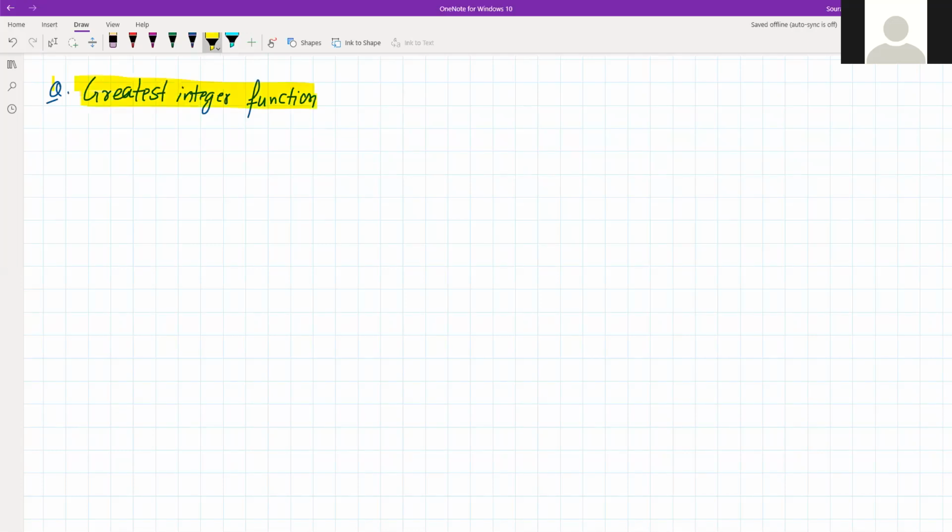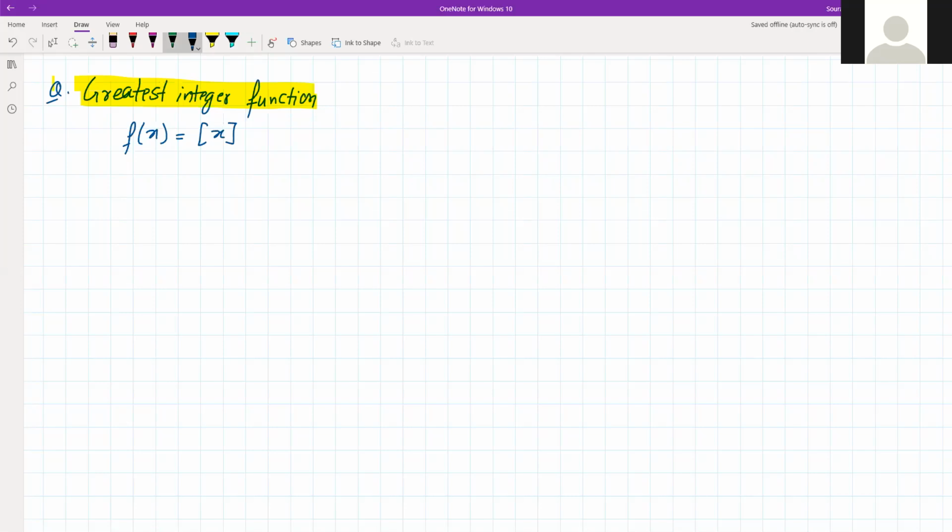This was there in your 11th standard. If you remember it, it's good. If not, I'll just revise it for you. The greatest integer function is represented as f(x) equals a square box, and in that there will be x. So what does it denote?